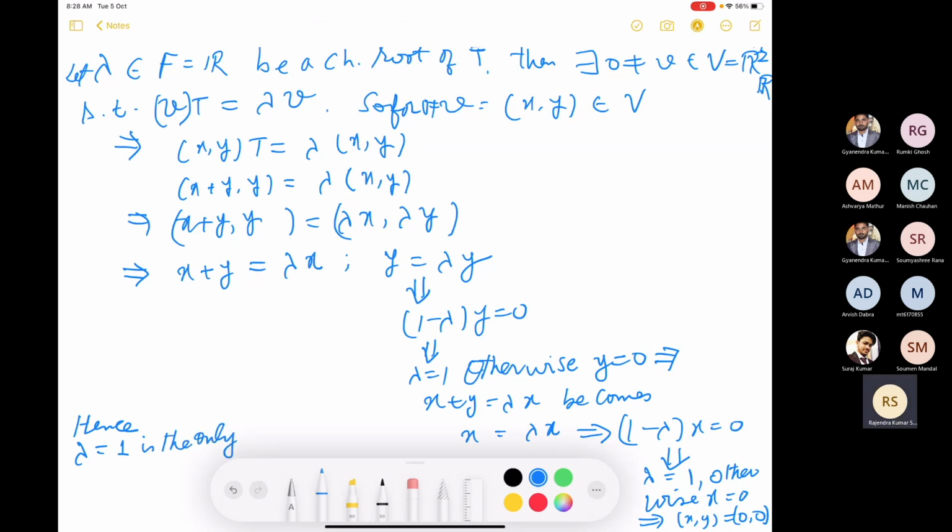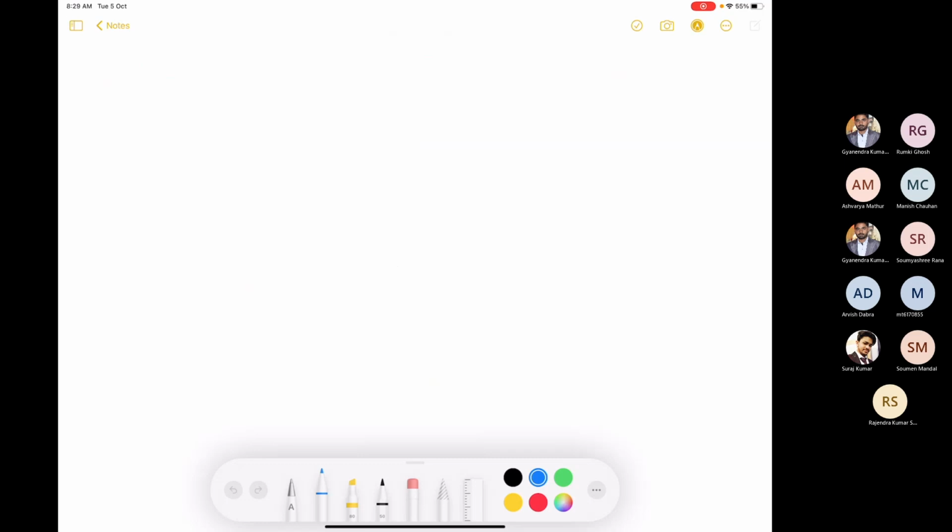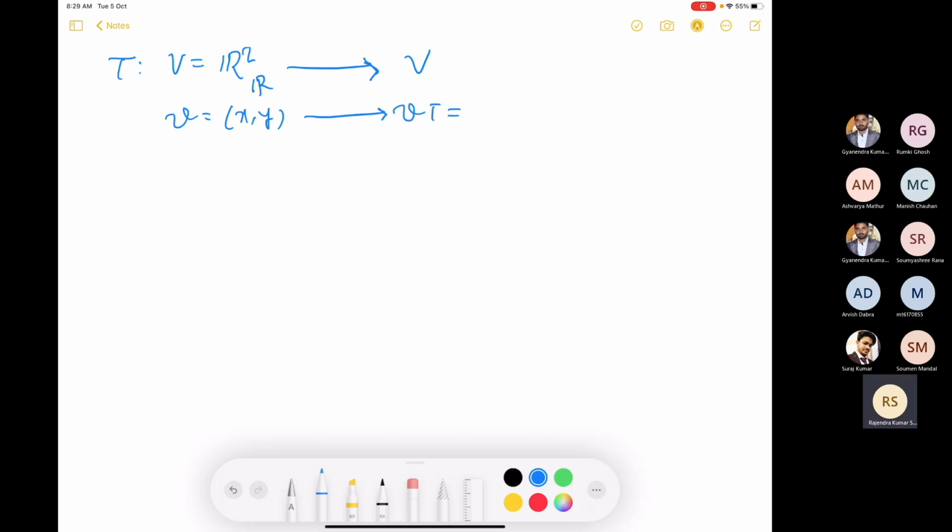The only characteristic root of P. Corresponding eigenvector we want to see. So what is the map T? V is R2 over R, defined by (x, y)T is defined as (x plus y, y).